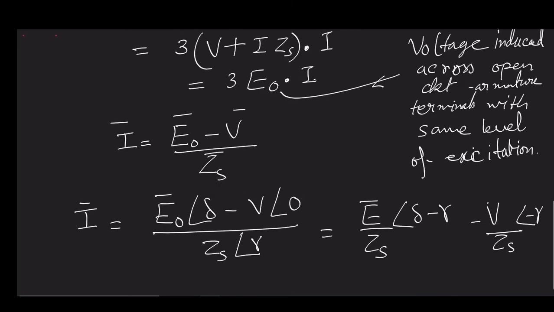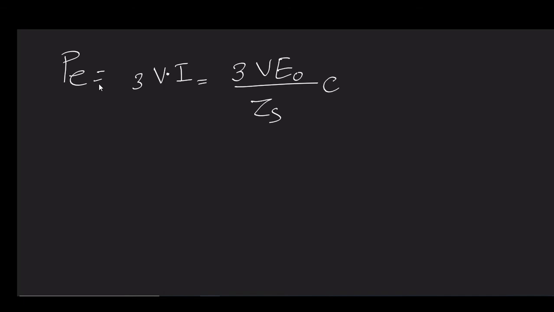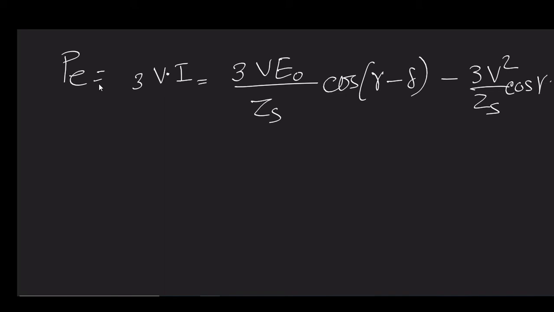So let us again consider this dot product, right? So what we will get, PE is equal to 3V dot I, right?